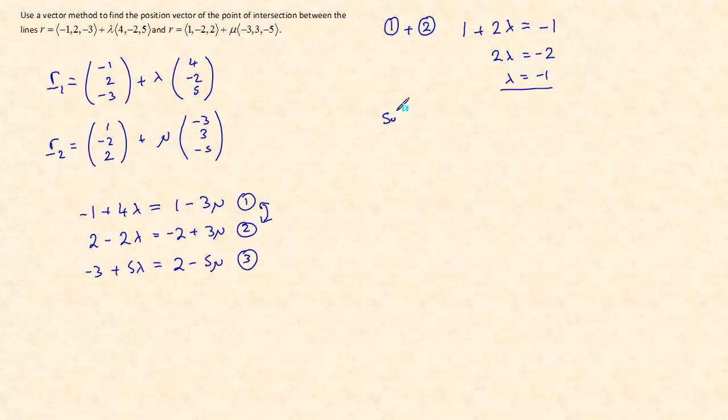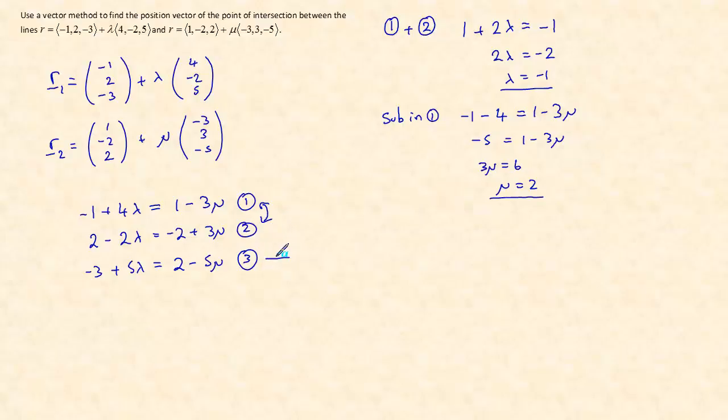Substitute in 1, and then we get -1 take away 4 is 1 take 3 mu. So -5 is 1 take 3 mu. So rearranging, that gives me 3 mu equals 6, so mu equals 2.